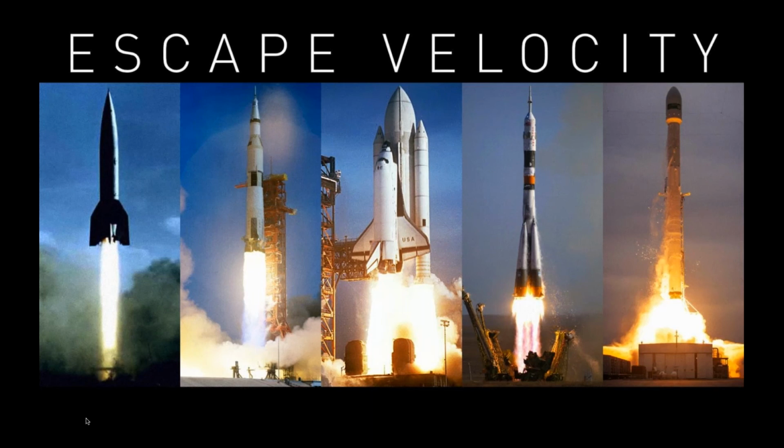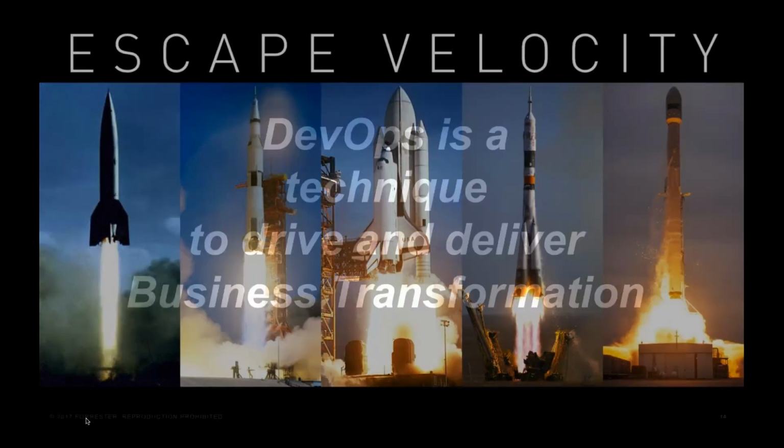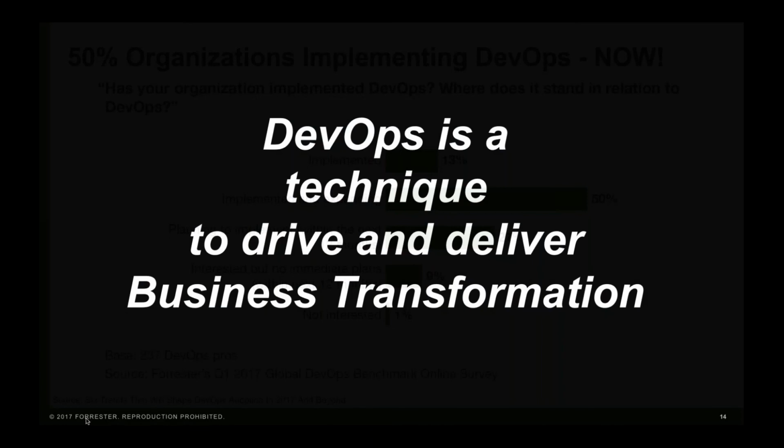And let's face it, we are all focused on transforming our businesses, protecting them from the unicorns that are coming to get us, and really driving through this value. So DevOps is just a technique to drive and deliver business transformation. It's a technique that's supported by people and process, by culture, and of course by tooling.